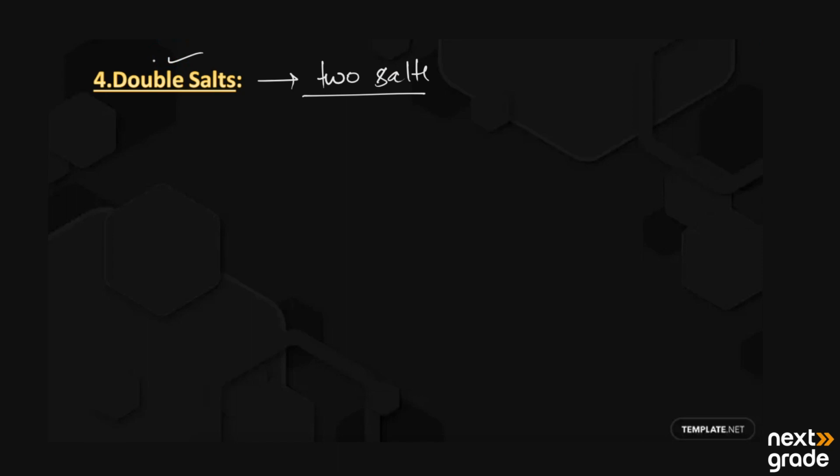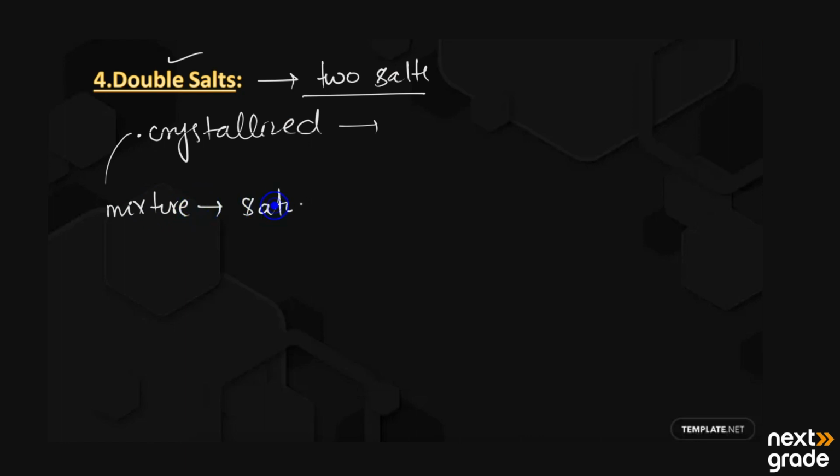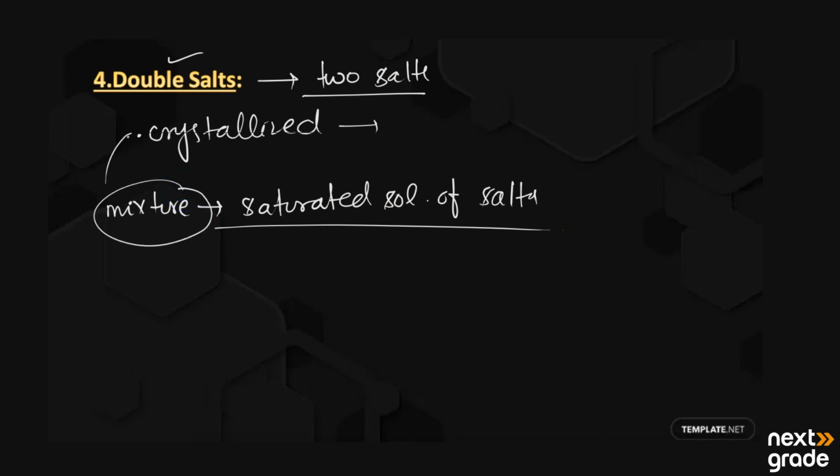For example, when we have a mixture of saturated solutions of normal salts and it is crystallized, crystallized meaning the water has been removed, then as a result of crystallization we gain the double salts.